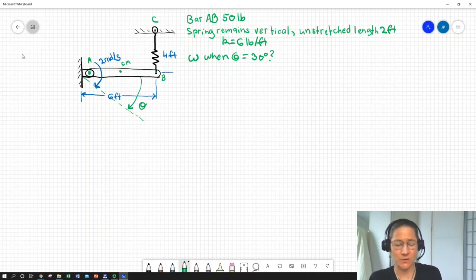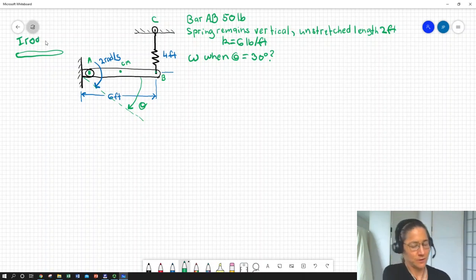So in that case, we will use the moment of inertia of a rod, which if you are using the Hibbeler 14th edition dynamics book, we have a handy table of moments of inertia in the back cover.